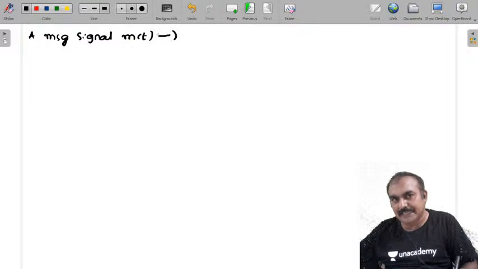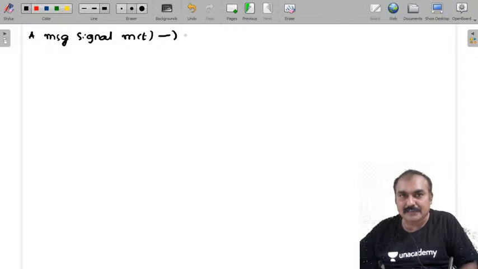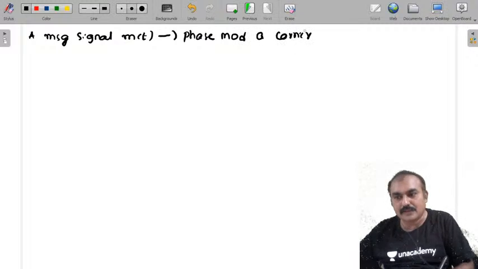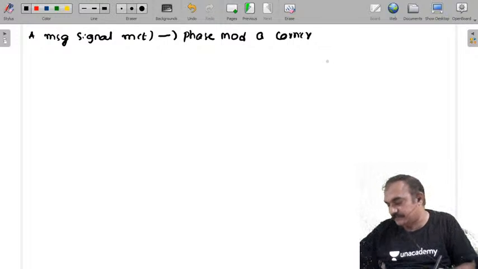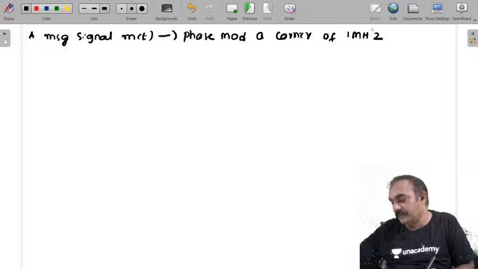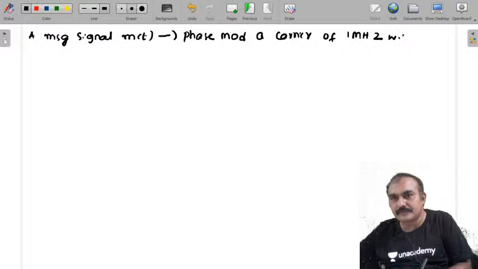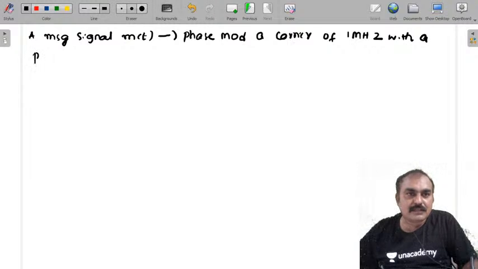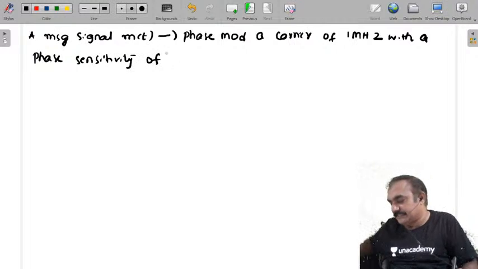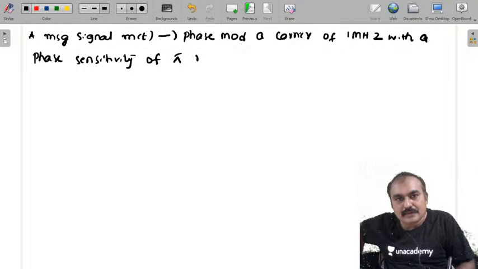It is phase modulating a carrier of 1 megahertz with a phase sensitivity of pi radian per volt.